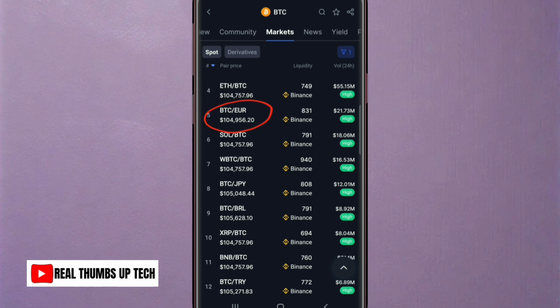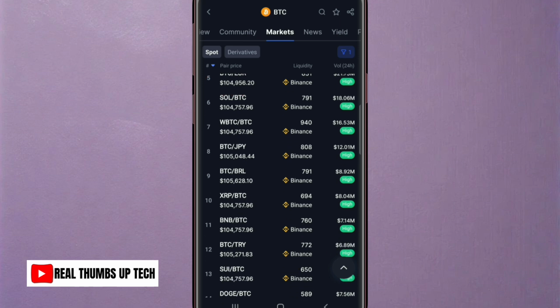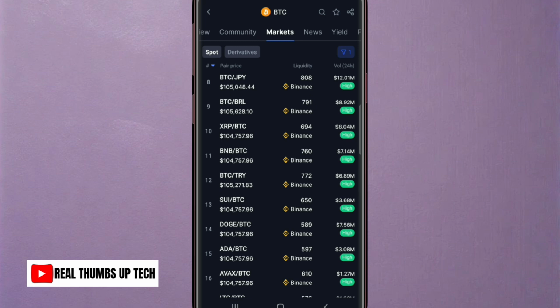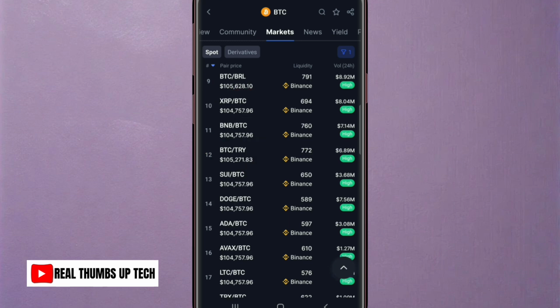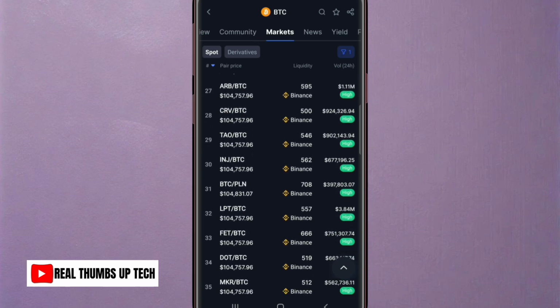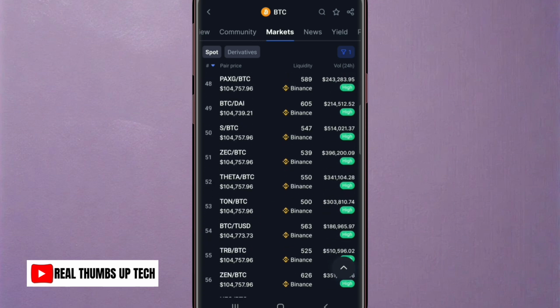Wow, that is a bit higher than the former one. If you scroll down, under here BTC is sold at a rate of 105,628. Wow, that's good. And this one, BTC is sold at a rate of 105,271 paired with CRY. If you scroll down, you see many other rates.